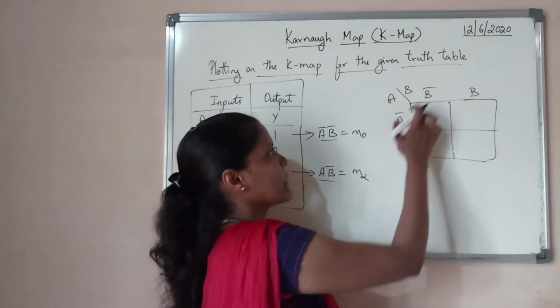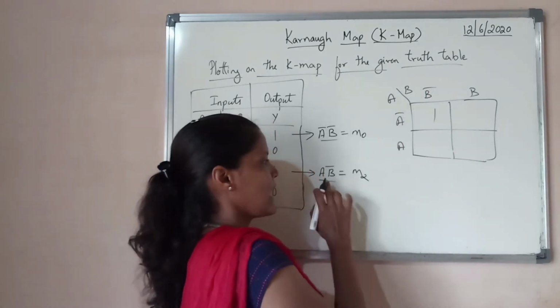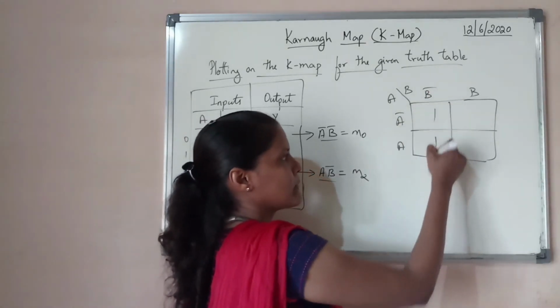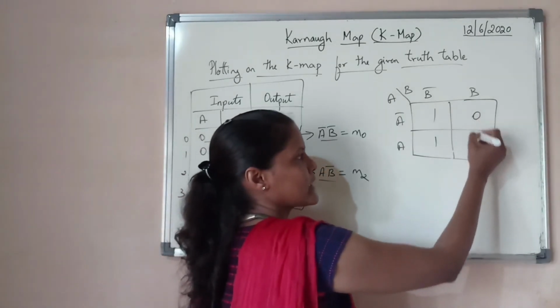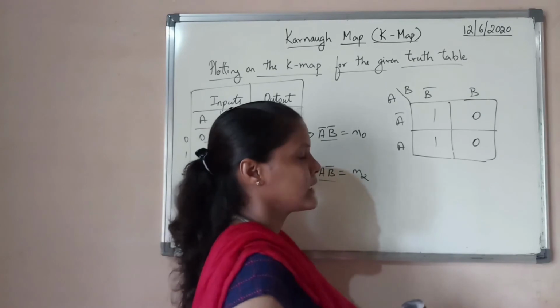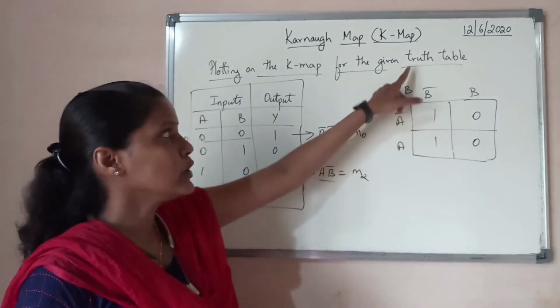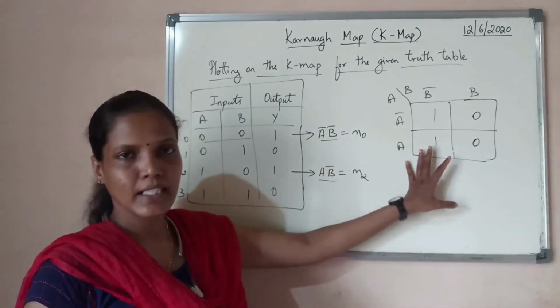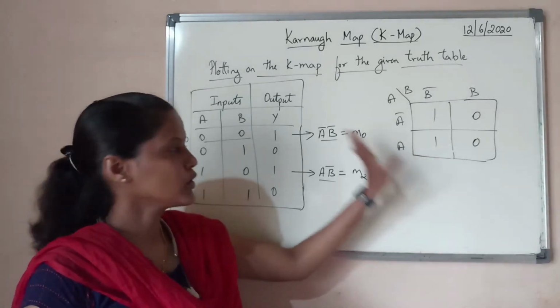A bar, B bar means this is the cell. A, B bar means this is the cell. And the remaining cells will be filled with 0. This is the case where the K-map is plotted looking into the truth table. This is an example for a 2 variable truth table.